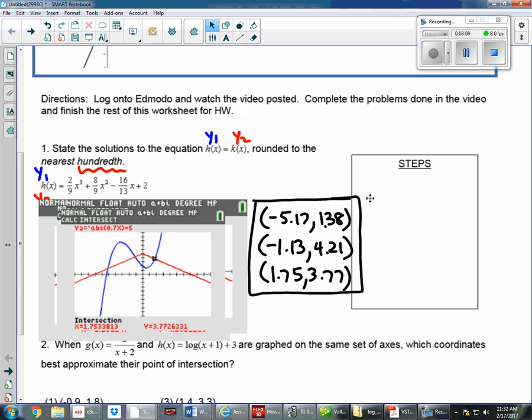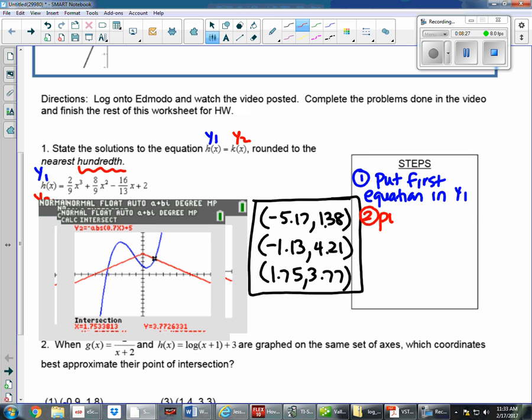So if we wrote our steps down, step 1 would be to put the first equation in y1. Step 2 would be to put the second equation in y2.